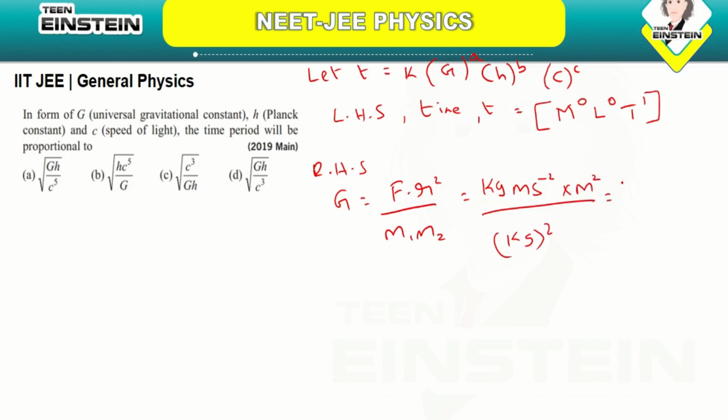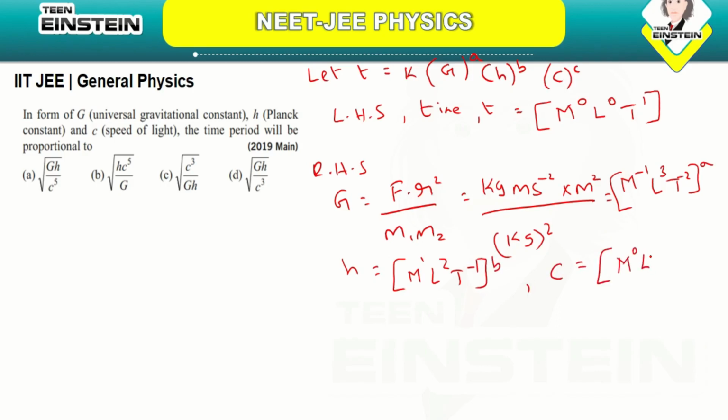So you will be having it as M^-1 L^3 T^-2, power A. Similarly, for h, you will be having h is equal to M1 L^2 T^-1, power B. And similarly for c, you will be having M0 L1 T^-1, power C.